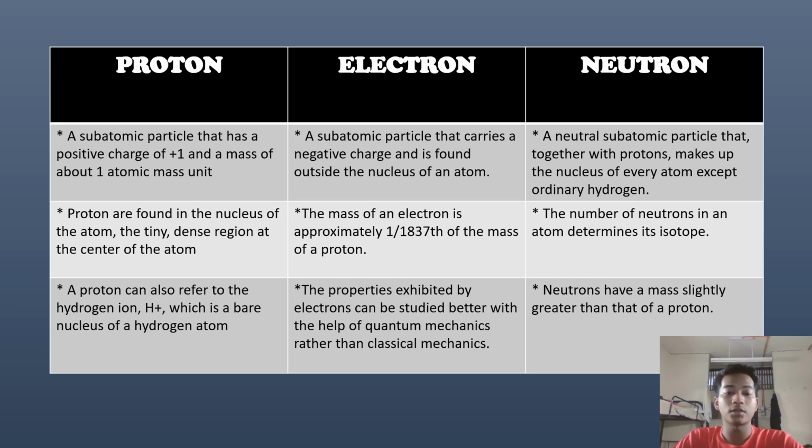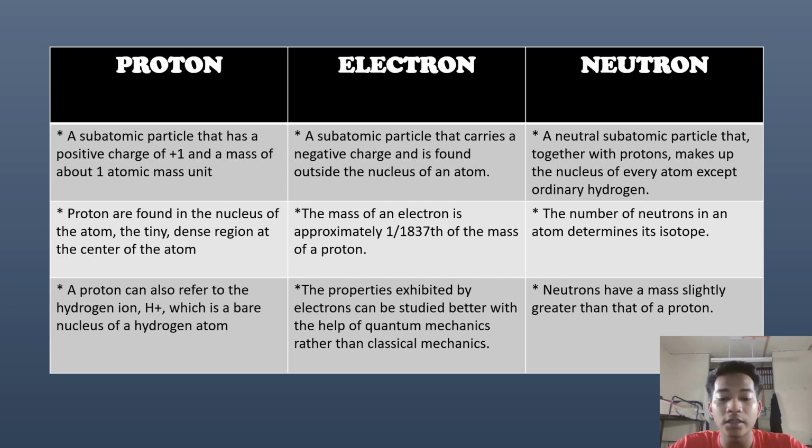The next one is electron. What is an electron? An electron is a subatomic particle that carries a negative charge and is found outside the nucleus of an atom. The mass of an electron is approximately 1/1,837 of the mass of a proton.